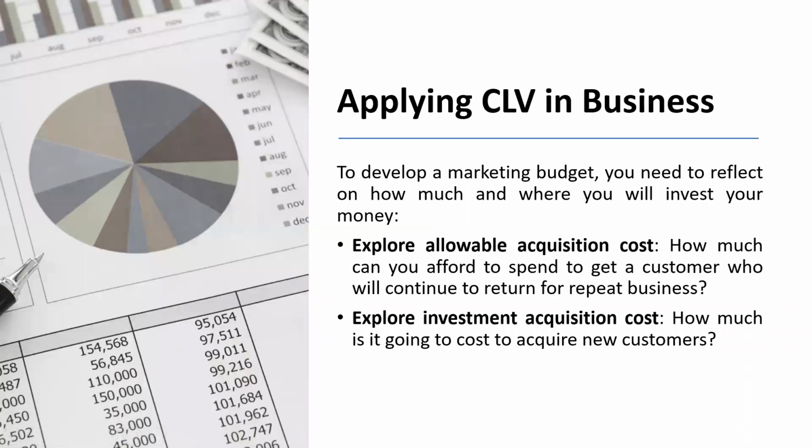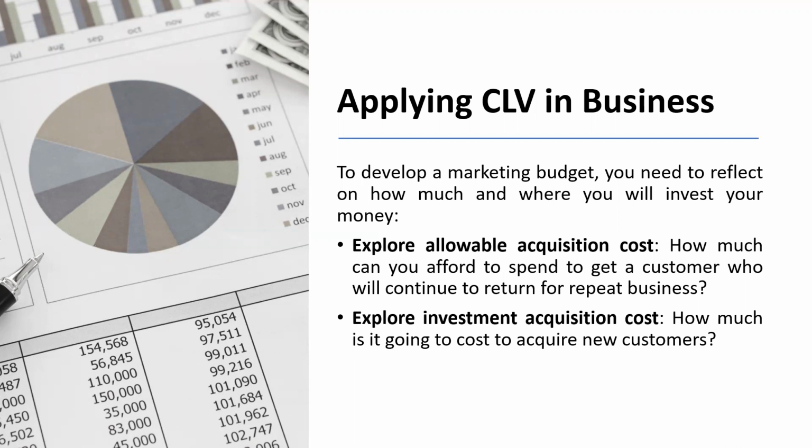So to develop a marketing budget, you need to reflect on how much and where you will invest the money. So first, explore what is the allowable acquisition cost. That's the first thing you will explore. How much can you afford to spend to get a customer who will continue to return for repeat business? So that's the customer acquisition cost, how much you can afford.